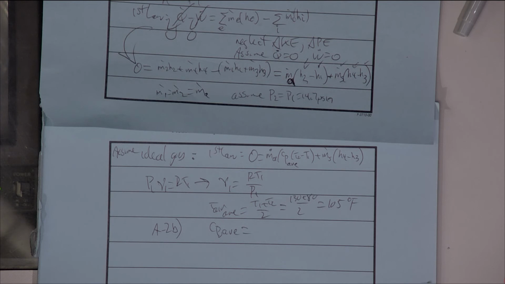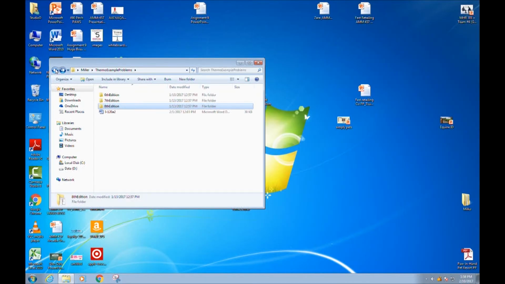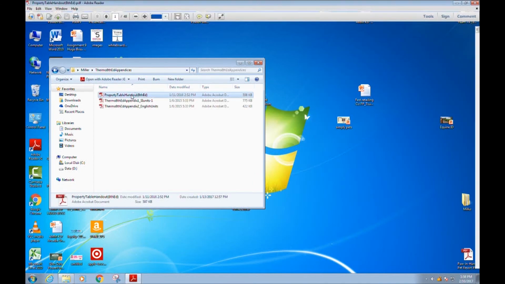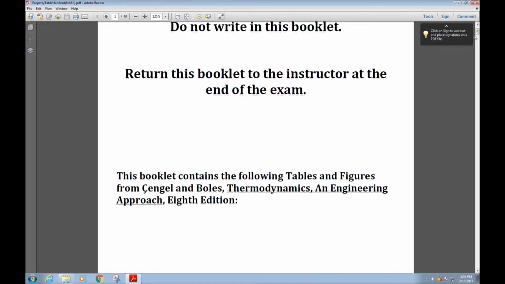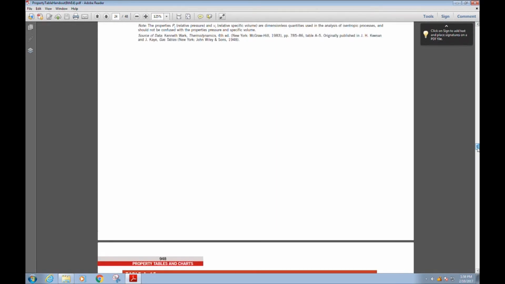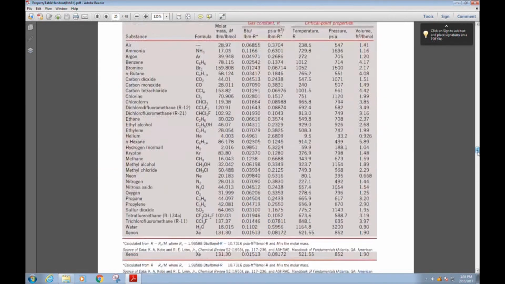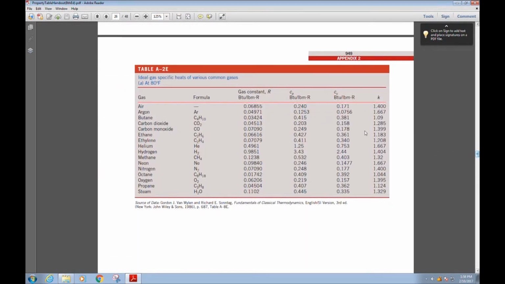We've all seen the problem statement. It's actually A2E part B, isn't it? Okay, so A2 and A2E are the same, just different units.